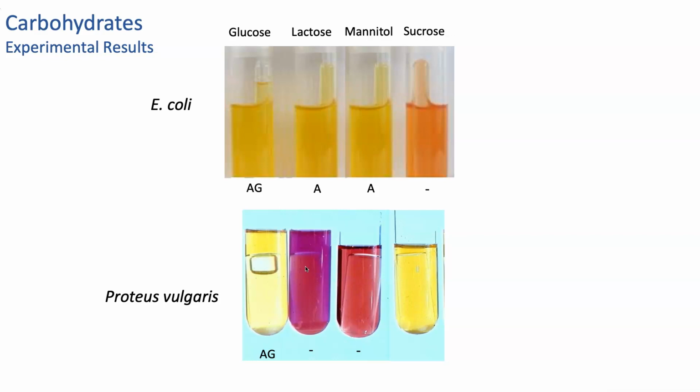Moving on to our digestive exoenzymes, our experimental results. Remember that we started off by inoculating our starch agar with E. coli and Bacillus subtilis. What do we do then? After inoculation and incubation at 37 degrees for 48 hours, we add iodine. Well, what does iodine do?